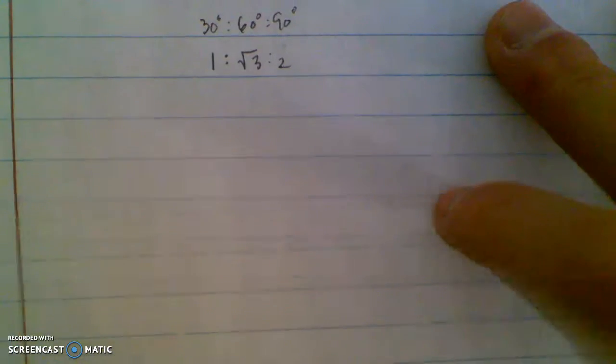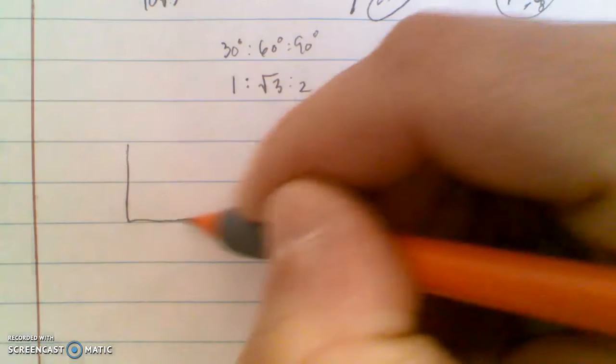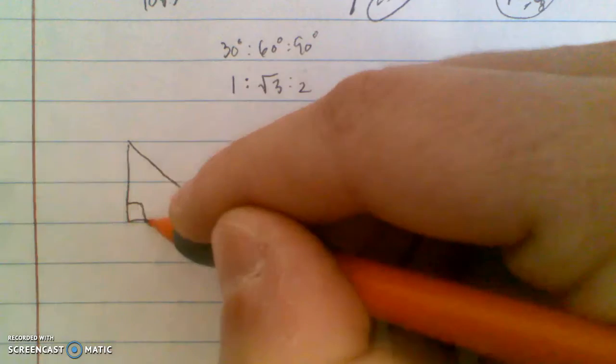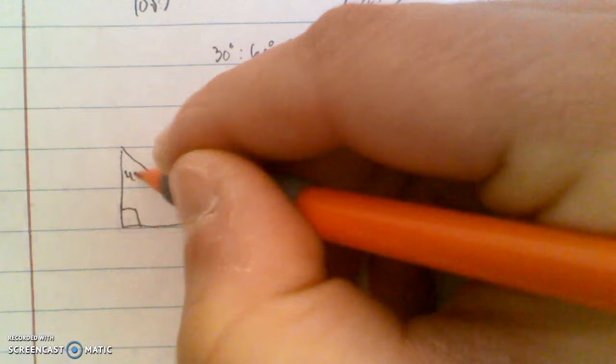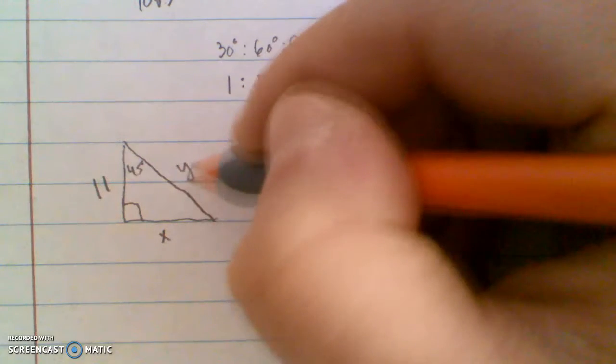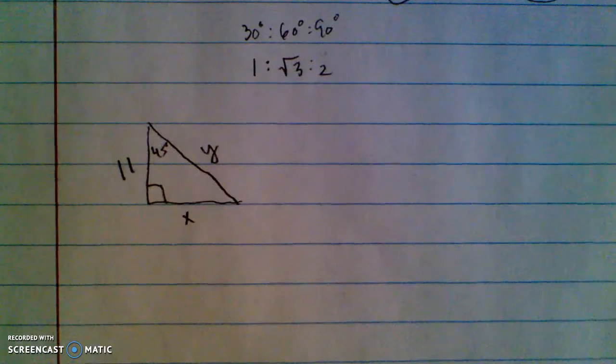Alright, let's try a couple 45, 45. Let's say 11. X, Y. Find X and Y. Pascal should be sitting on one of these right now.